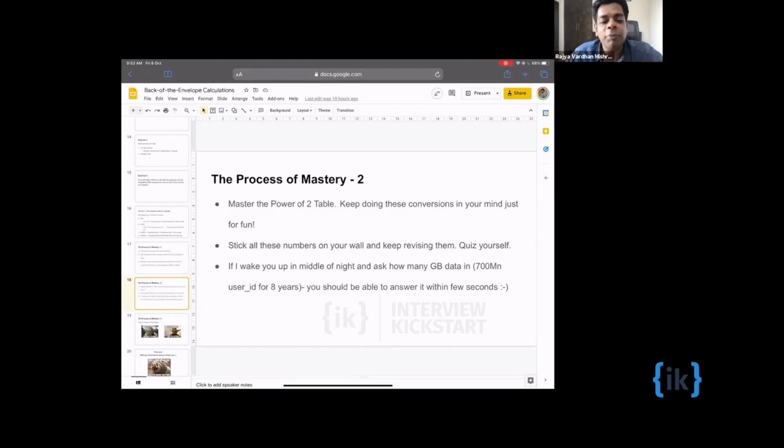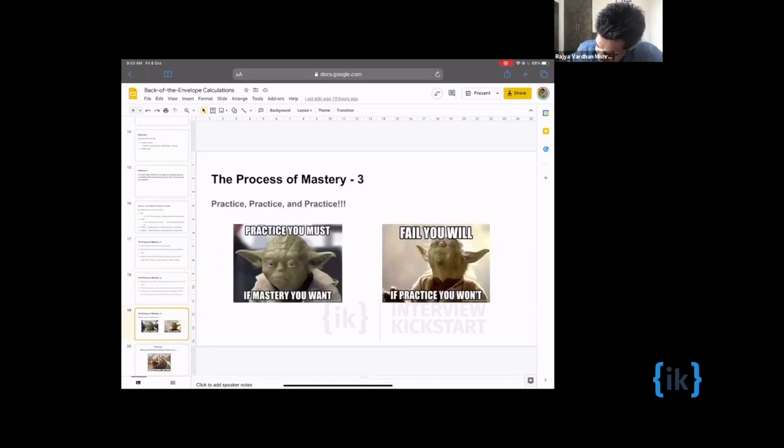If I wake you up in the middle of the night and ask how many gigabytes of data is in 700 million user IDs for 8 years, you should be able to answer within a few seconds. Because our target is that we should not waste time on this exercise during the interview. And as Master Yoda says, practice, practice, and practice for mastery.